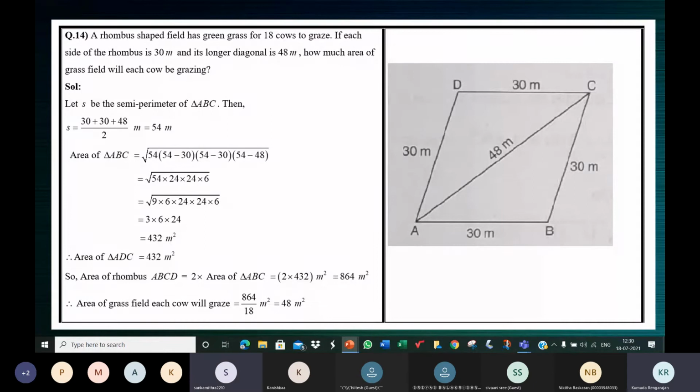So the square root of 324 is 18. Correct, Sangamitra. Good. Now, BO is 18. Then what will be BD? 36, ma'am.